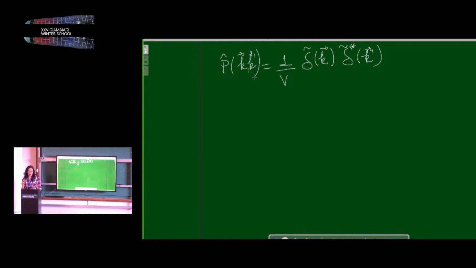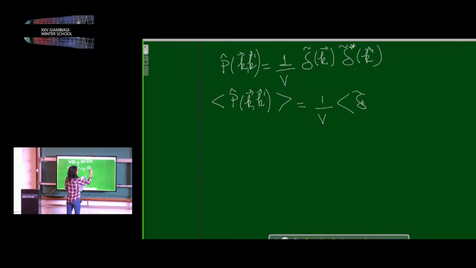You can show, taking the expectation value, something that may seem trivial, but it's actually not. If you take the expectation value of this estimator of the power spectrum, I'm taking 1 over V, rewriting the Fourier transform of delta and delta conjugated.